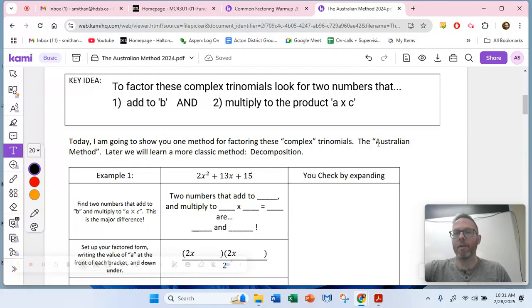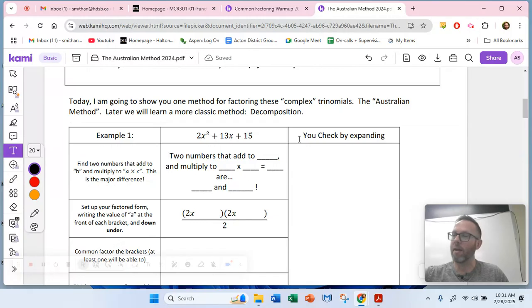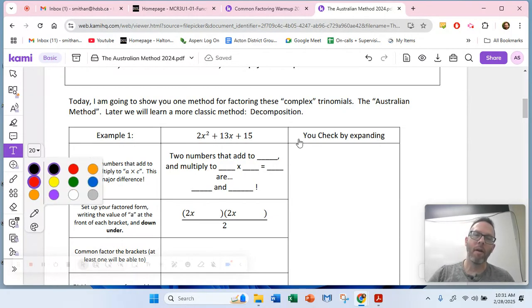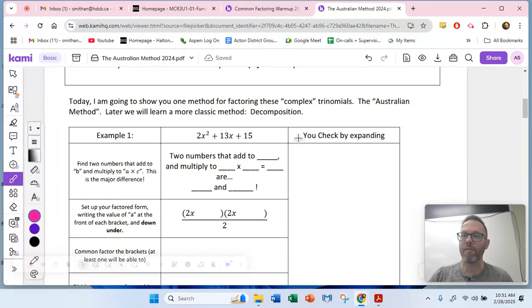And I'll walk you through the method I like to use called the Australian method. Later, maybe, we'll learn a more classic method. I think the people that took grade 10 academic last year might have used decomposition. I'm a fan of the Australian method. What's the Australian method? I'll show you. All right, so we're factoring 2x squared plus 13x plus 15.